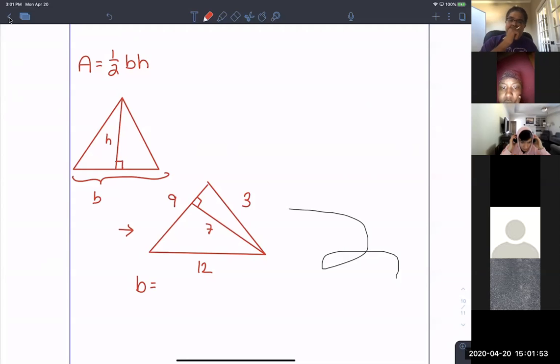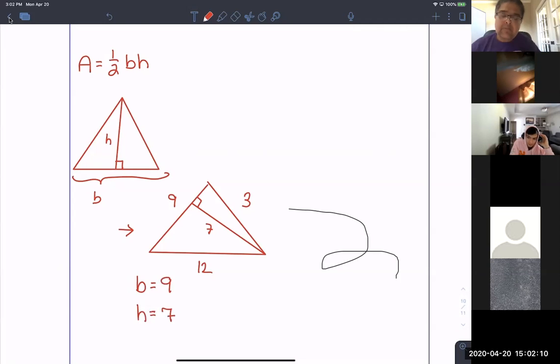Wouldn't your base be 12? No, your base would not be 12. Oh. What did I just say? The base is not always the bottom number. Base with 9, height with 7. Right, the base is 9 and the height is 7. So Mr. Caleb, can you explain why you chose those two numbers and not the other ones?